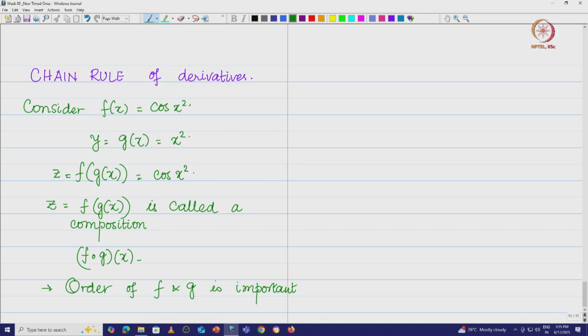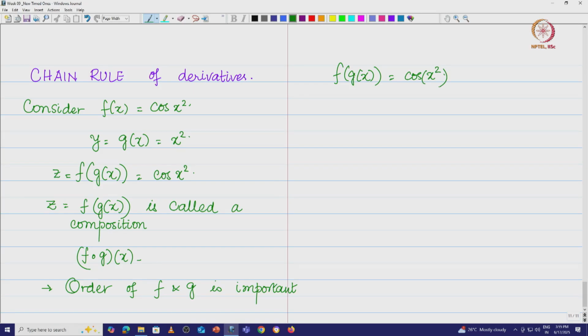So, let us take this. We had f of g of x, which is cos of x squared.